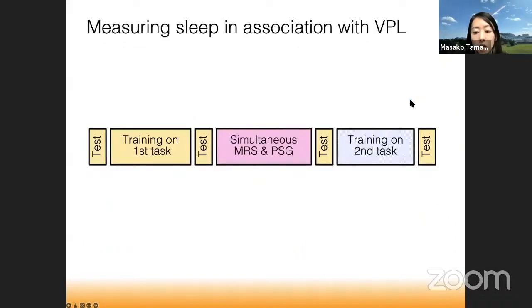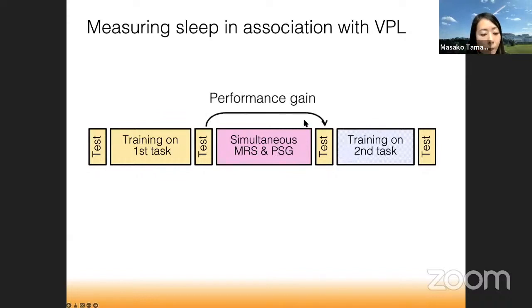Now this shows the experimental design in the present study. After training on the first task, there was an interval when subjects had a 90-minute nap. I will explain this MRS later during this presentation. After this interval, training on the second task was conducted. We measured performance change by sleep with test sessions conducted before and after the nap to measure the amount of performance gains.